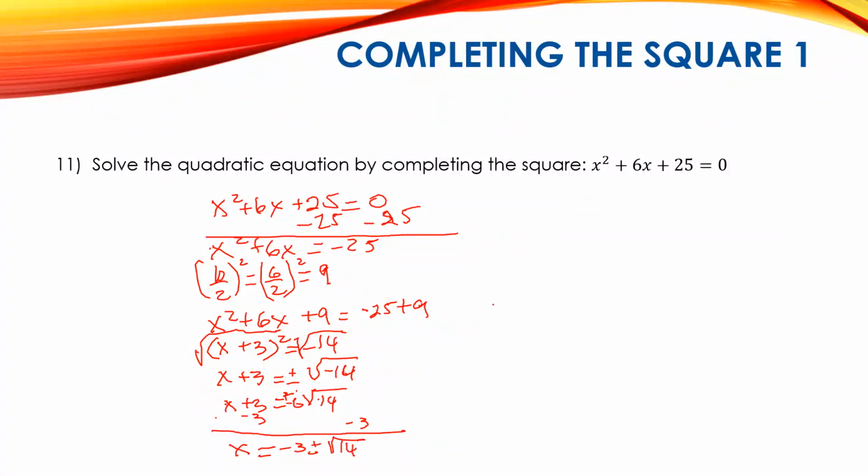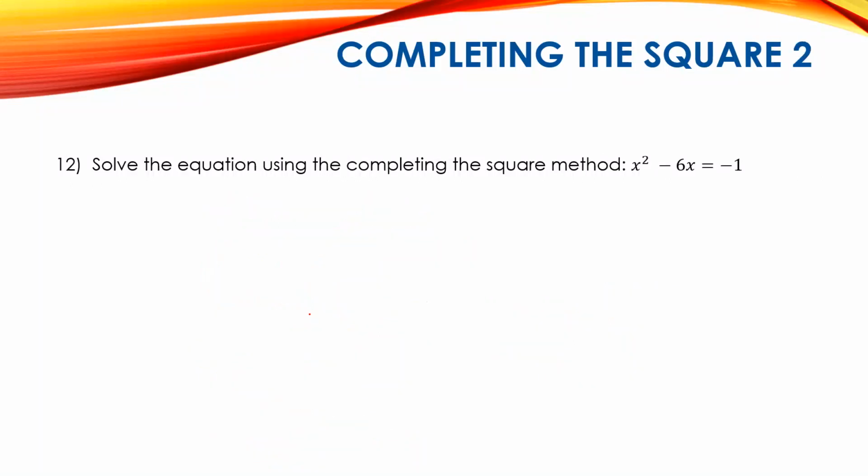And the two solutions will be x equals negative 3 minus i square root of 14, or x equals negative 3 plus i square root of 14. This one is the same thing. You just keep one step. You can do it. x squared minus 6x equals negative 1.